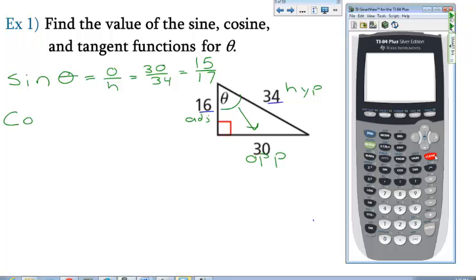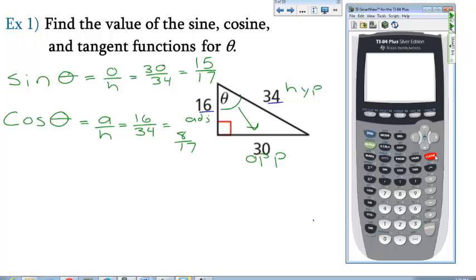Cosine of theta can be solved in a similar way using the ratio. The adjacent over the hypotenuse, which is equal to 16 over 34, which itself reduces down to 8 over 17.